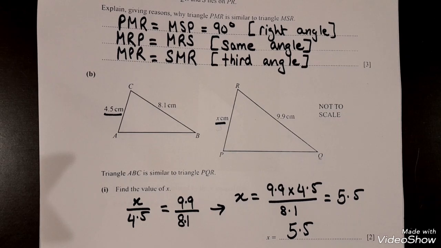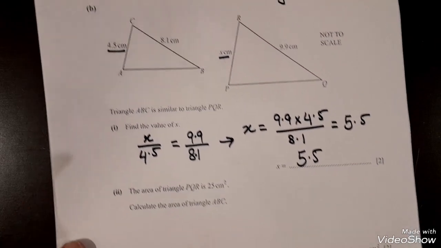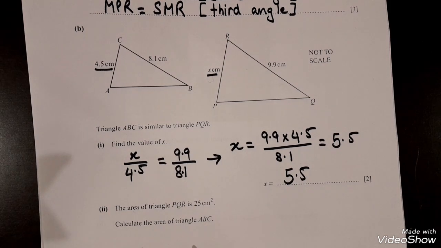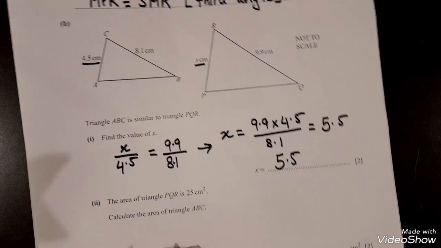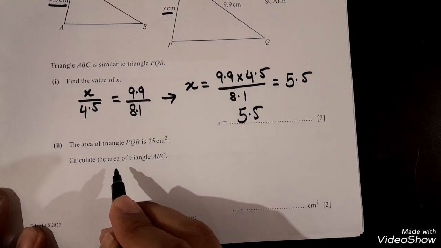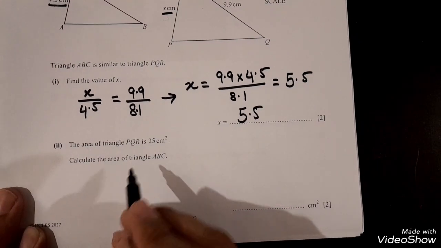Now part 2 states the area of triangle PQR is 25 centimeters square. Calculate the area of triangle ABC.